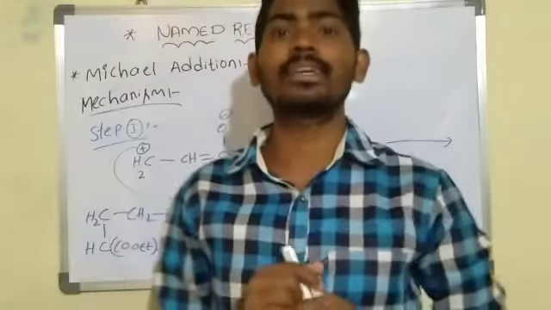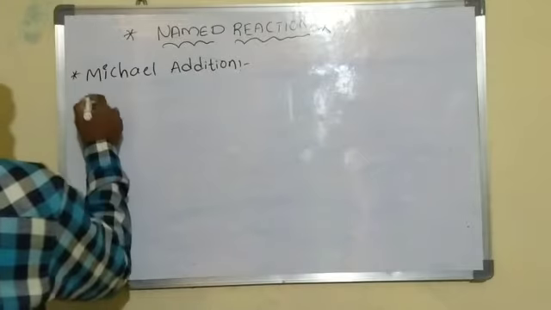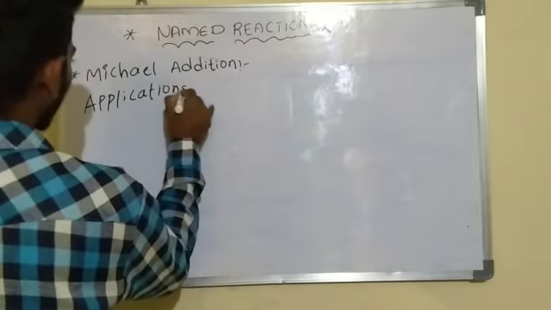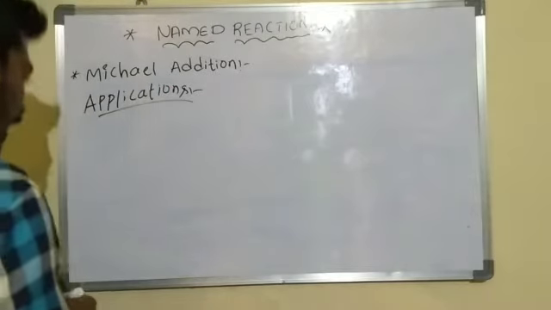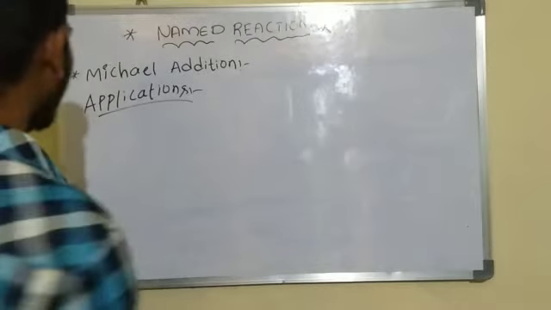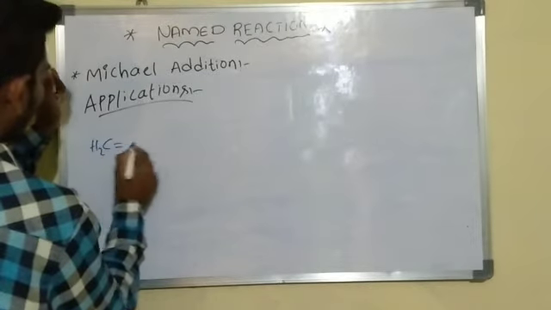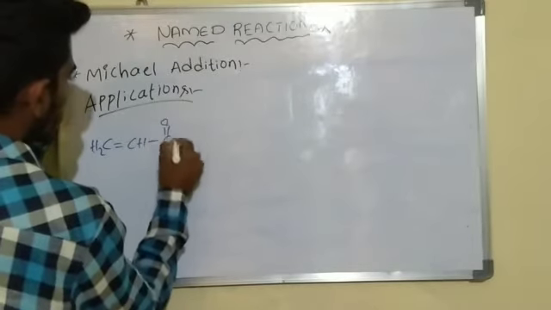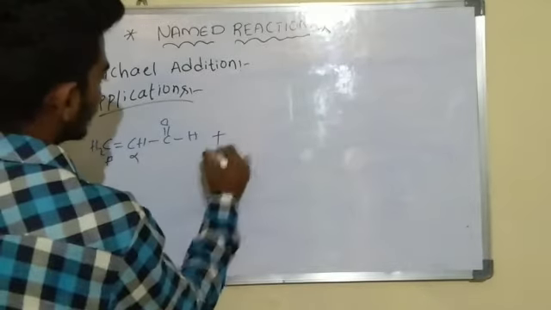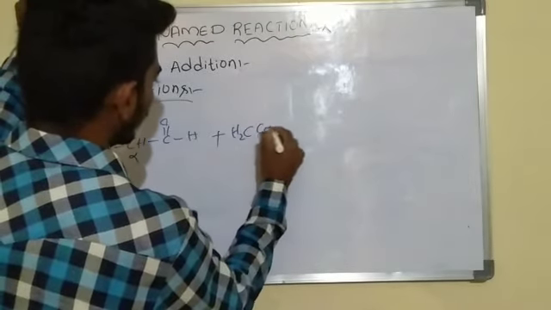Now we can see the applications of the Michael addition reaction. Simply, initially we take the reactant, an alpha beta unsaturated aldehyde, which is treated with malonic ester, CH2(COOEt)2.